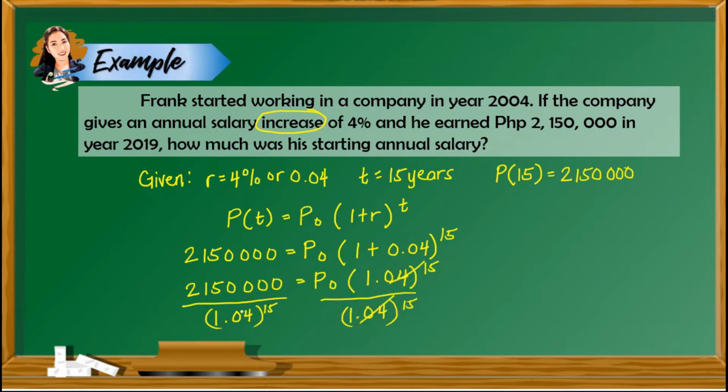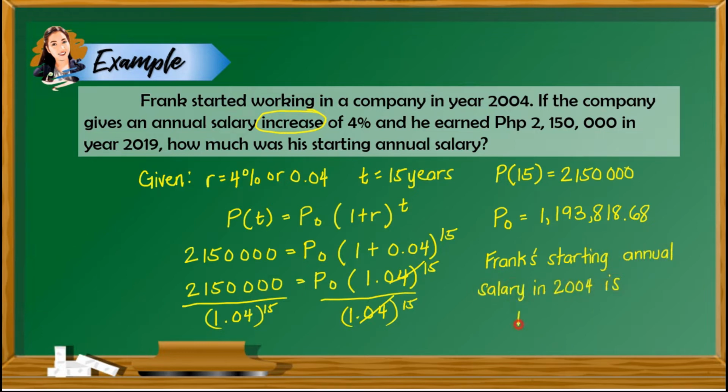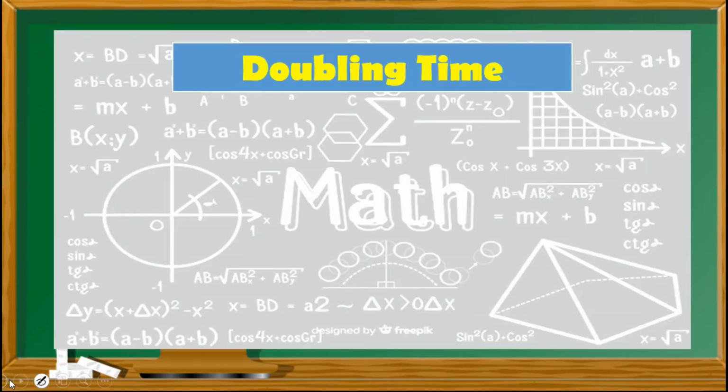Cancel this and divide this, so we have the answer of P sub 0 is equal to 1,193,818.68. So what can we conclude? Frank's starting annual salary in 2004 is 1,193,818.68.